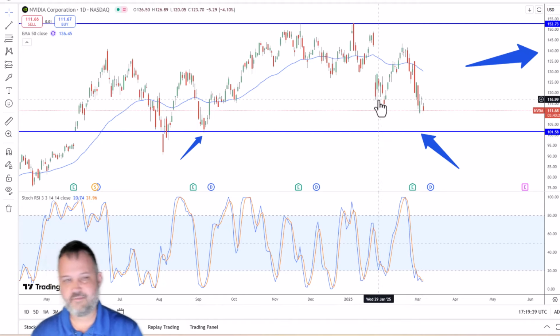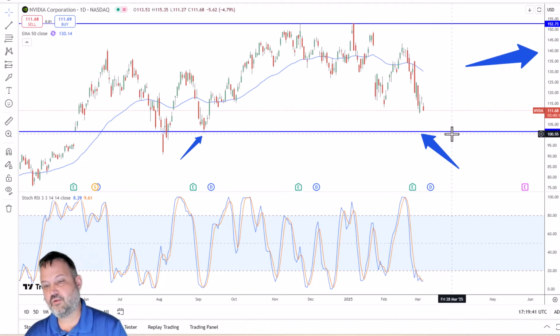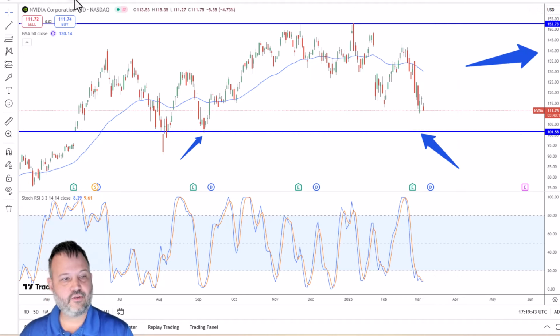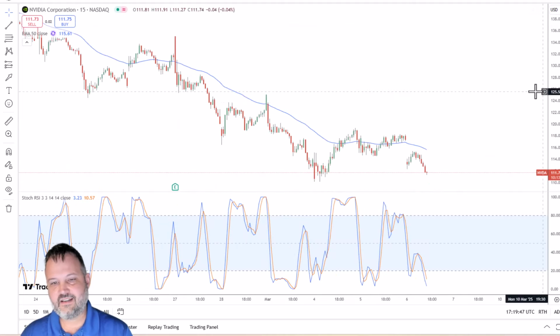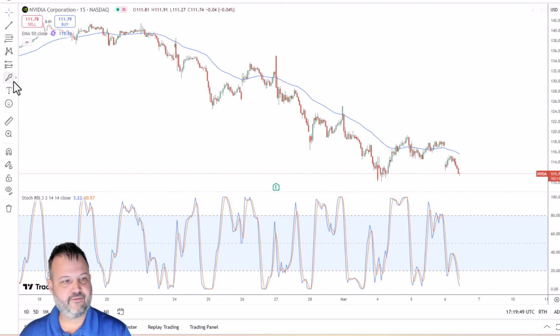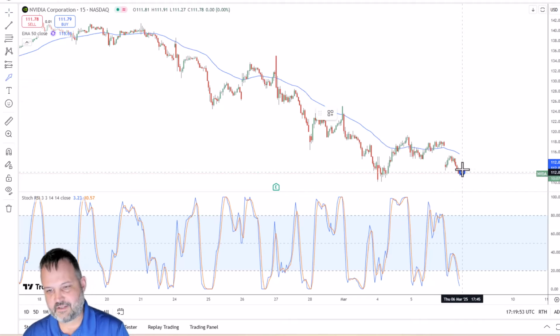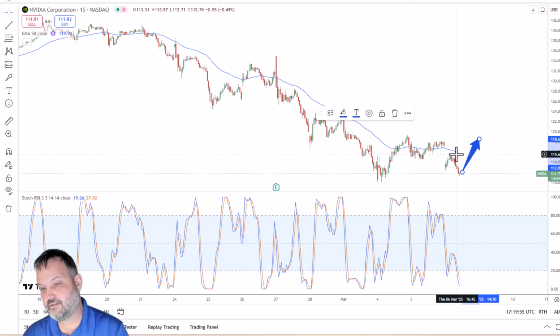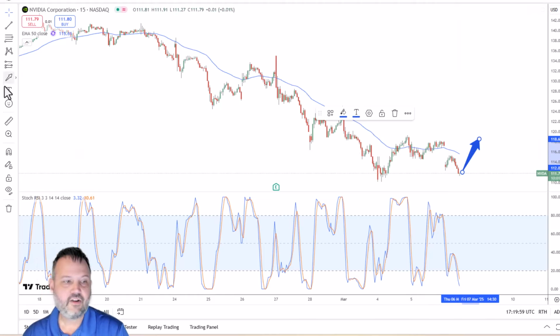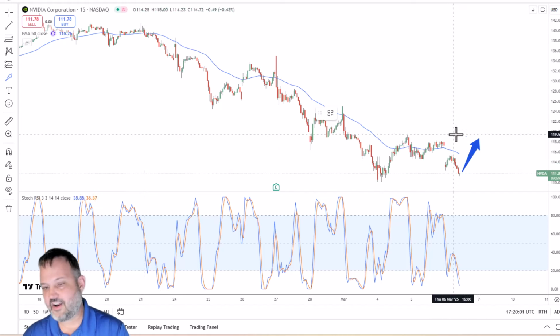So how would I time this? Well, I would look at my support levels, and then I would go to a 15-minute chart. Okay, and I would wait for very specific action to happen. What I would wait for is price to break this level, this 50 EMA on a 15-minute. Okay, but that's not all I would do.